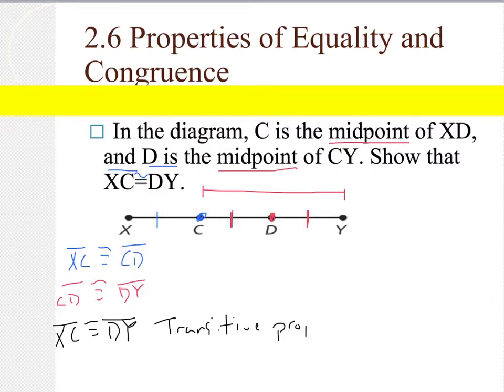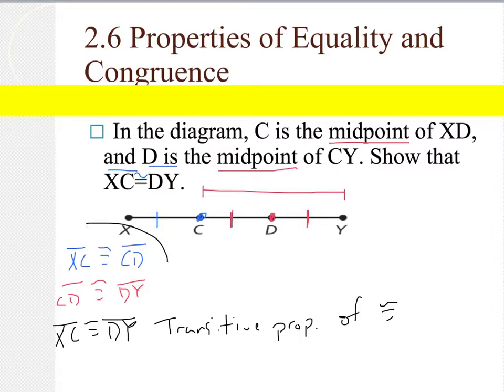of congruence. Okay, if you look back on that handout again, you will notice that the transitive property gives that exact statement where it says on the handout PQ is congruent to RS and RS is congruent to TU. Because of that, PQ has to be congruent to TU.